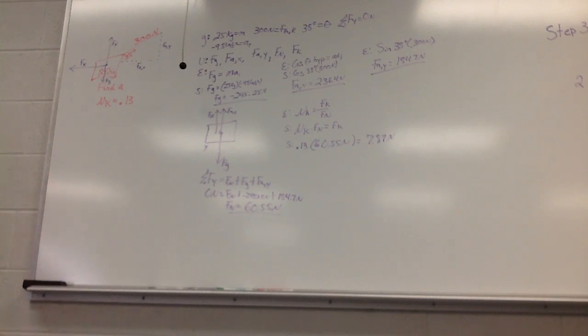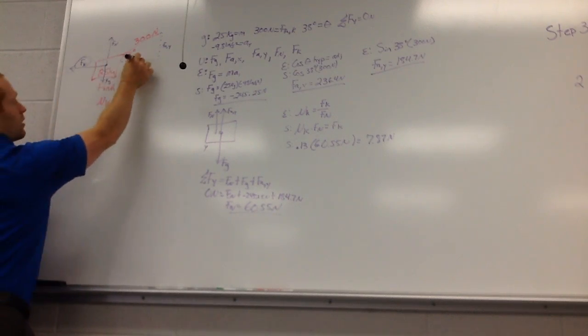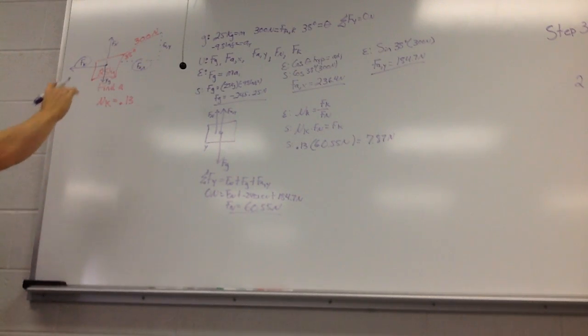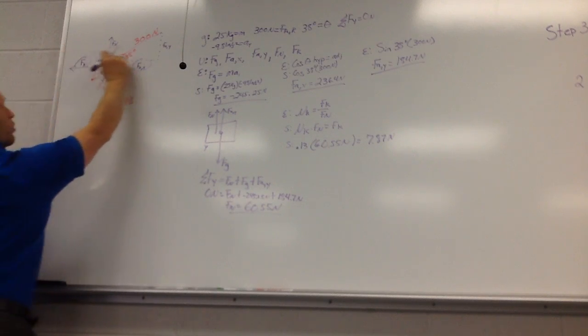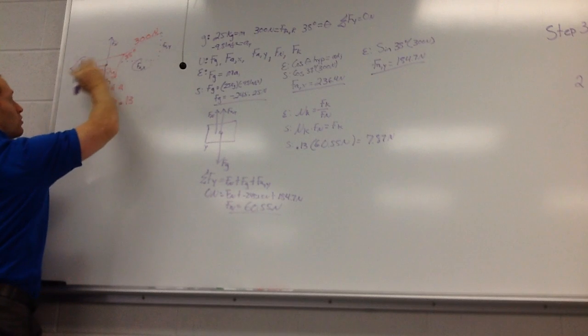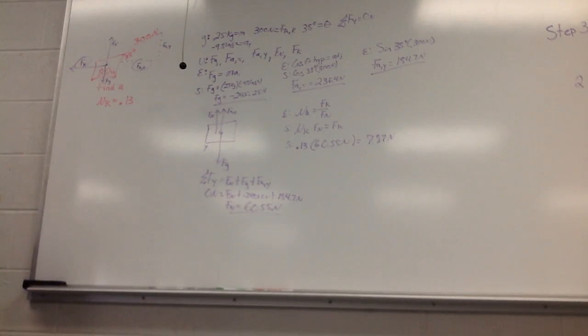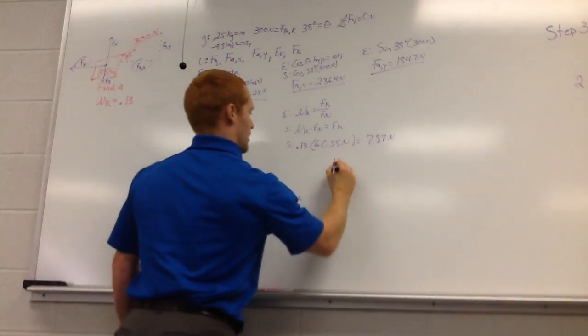Okay. So now, that was our box in the y direction. Now I'm going to do a box in the x direction. For our box in the x direction, we have Fk, Fax. Nothing else is directly in the x direction, going along this path. This one is going diagonal, so we can't use that. It has to be going horizontal. Only these two are going horizontal. So our box looks like this.